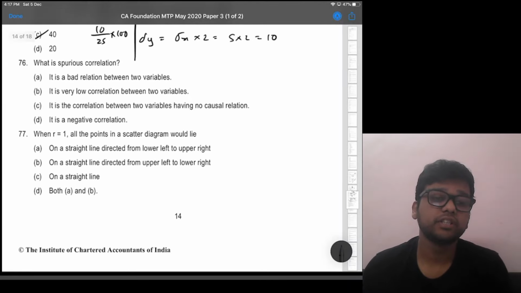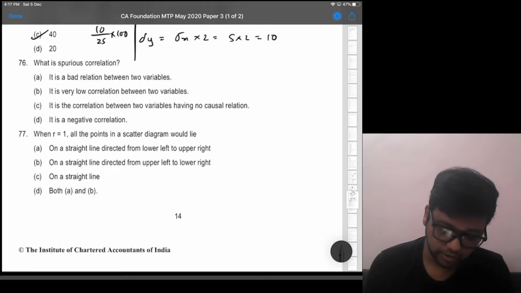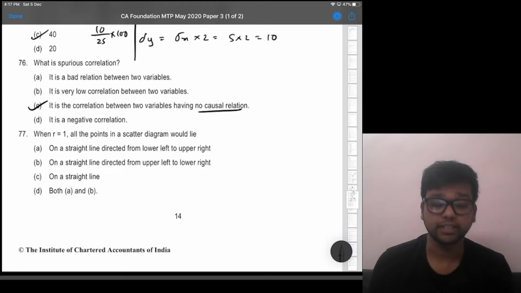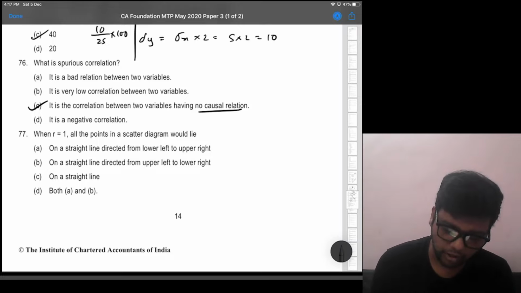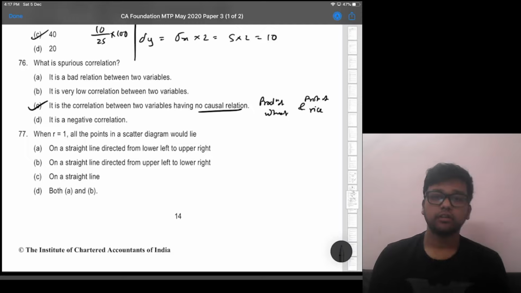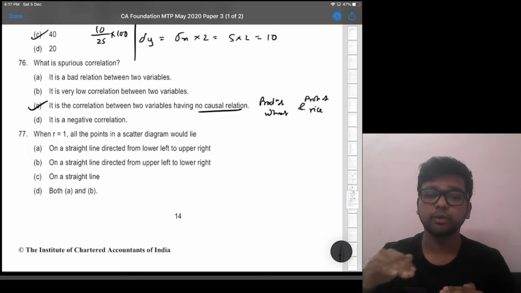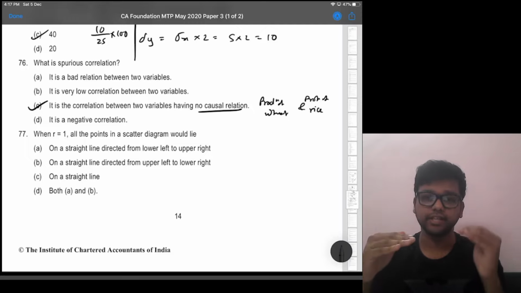What is spurious correlation? Spurious correlation, we know that it is correlation between two variables having no causal relation. That is, for example, correlation between production of wheat and production of rice. Now see, generally it might happen that as production of wheat increases, production of rice also increases.